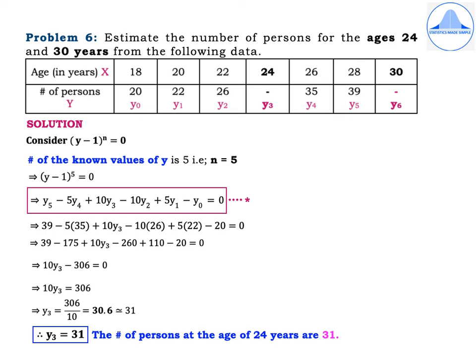So, therefore, y3 is equal to 31, or the number of persons at the age of 24 years are 31.